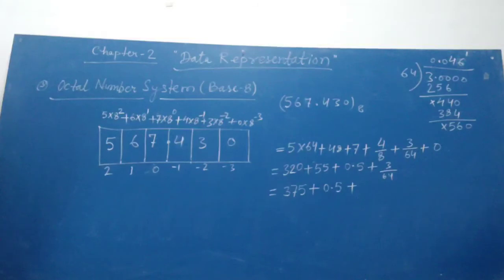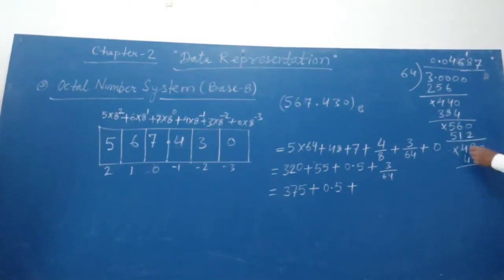8 times 4 is 32, 8 times 6 is 48, and adding 3 gives 51. Now it will be divided by 7 times: 7 times 4 is 28, 7 times 6 is 42, and 44.